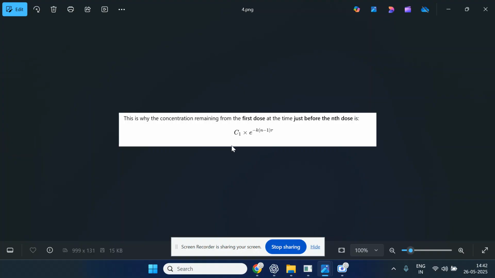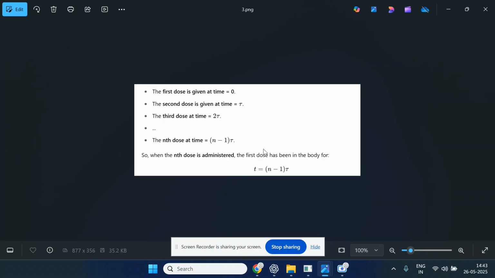So at this moment when the nth dose is given, the amount remaining from the first dose is C1, the initial concentration given during the first dose, into e to the power minus k into the time duration for which the first dose drug has been in our body. And we have seen that this time duration is n minus 1 into capital T.